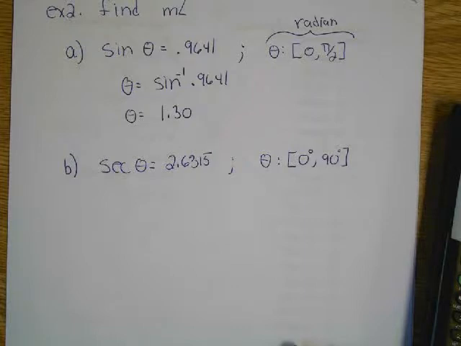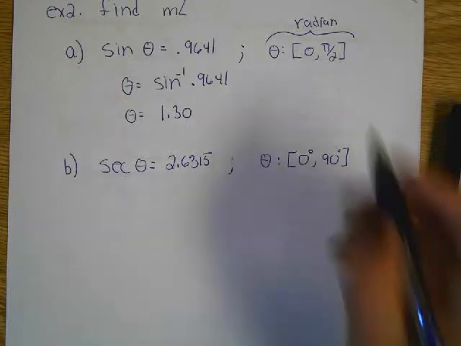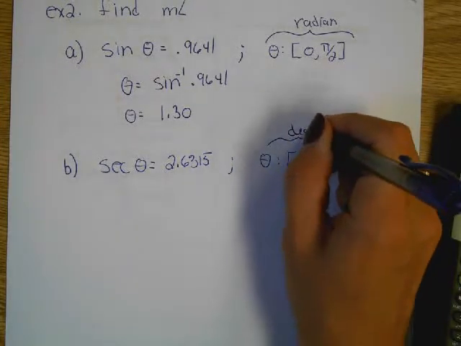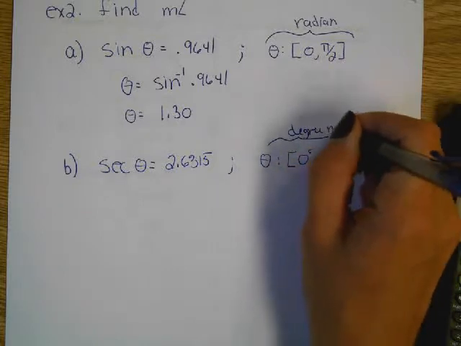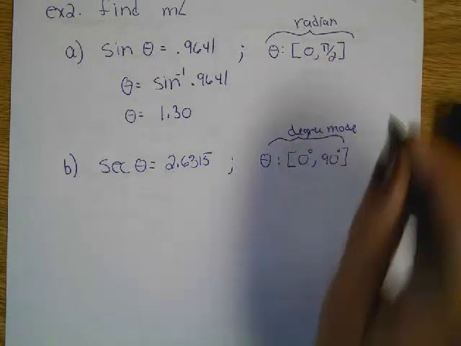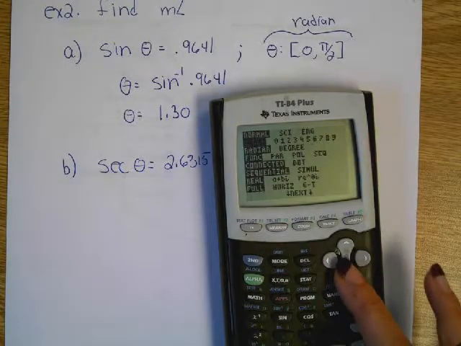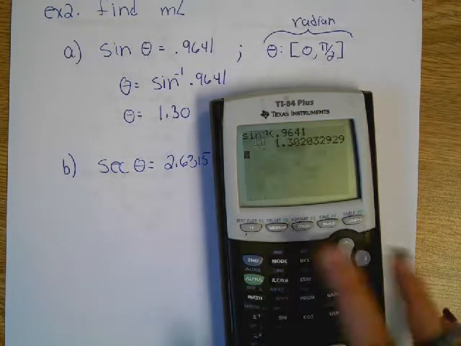Put yourself in degree mode, and when you do your inverse, you're going to have a degree answer. So this says degree mode. We'll switch the mode back to degree.